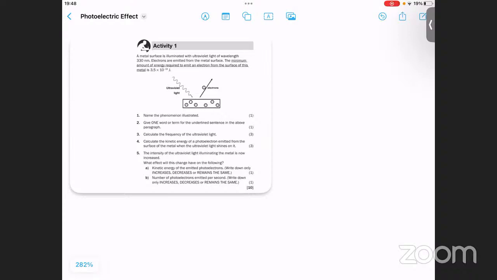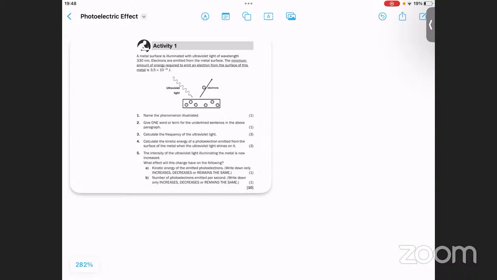Meaning, a metal surface is illuminated with ultraviolet light of wavelength 330 nanometers. They are saying electrons are emitted from the surface.